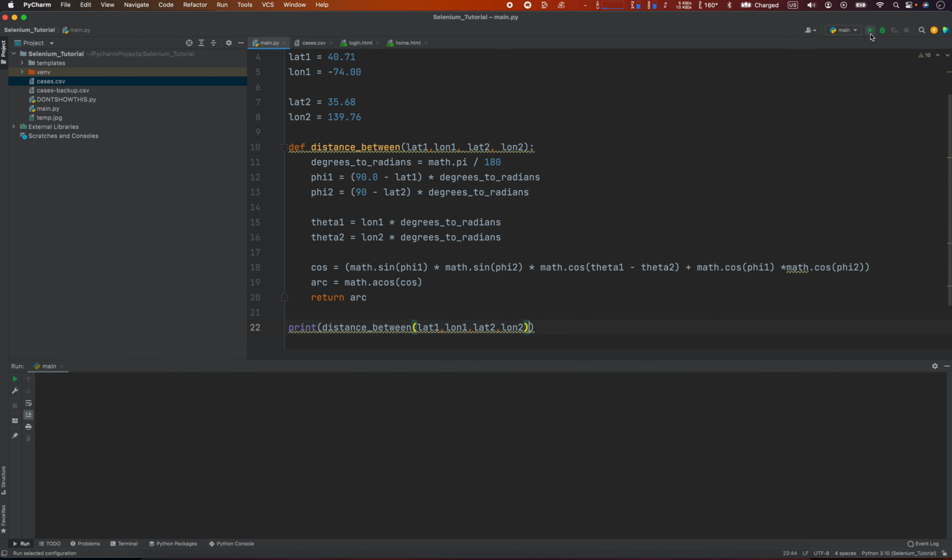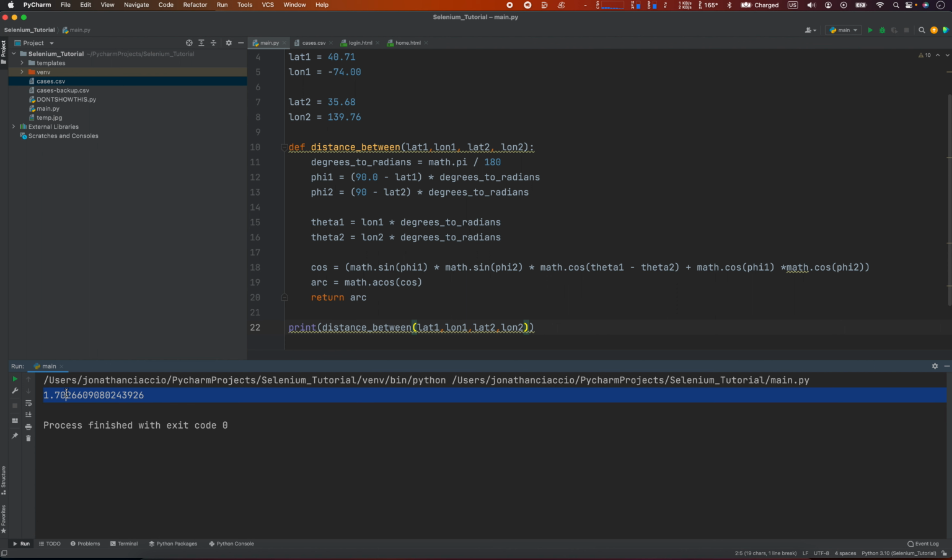See what we get. And this is the figure in radians, so 1.706 radians.